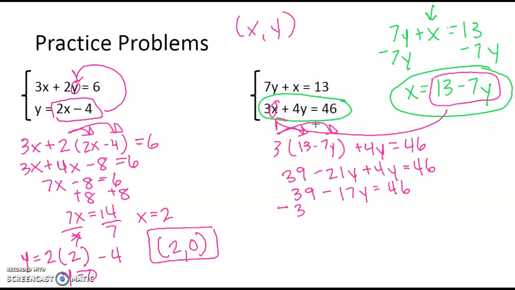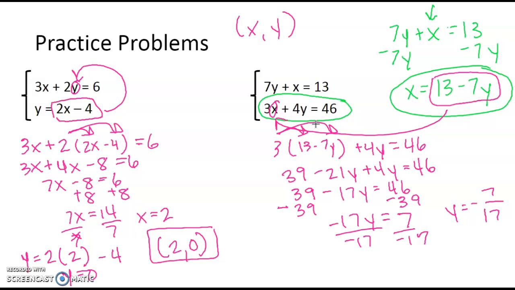Minus 39, minus 39, negative 17y equals 7. Divide by negative 17. y equals negative 7 over 17. But remember, that's not our final answer.